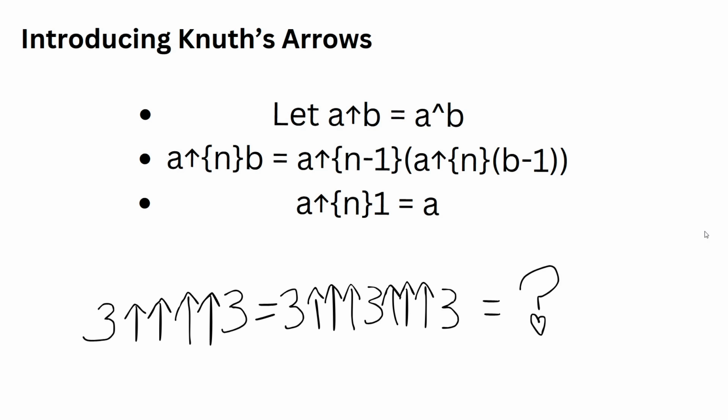Donald Knuth described his up arrow notation as follows. You start with 1 arrow, which is exactly the same as exponentiation. We all know how that works at this point.